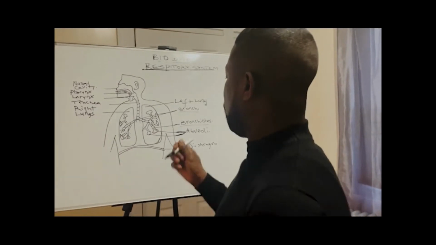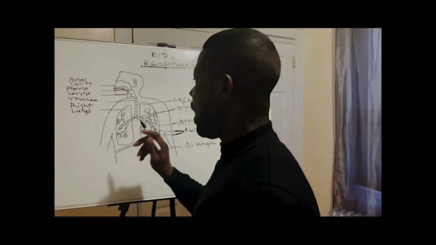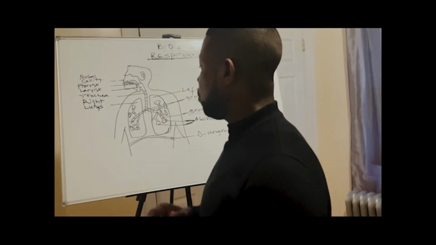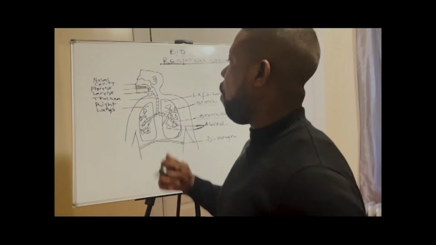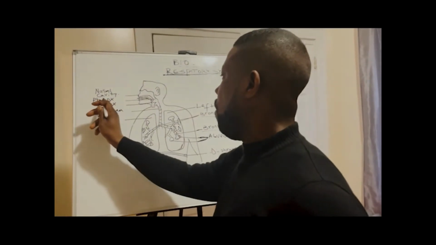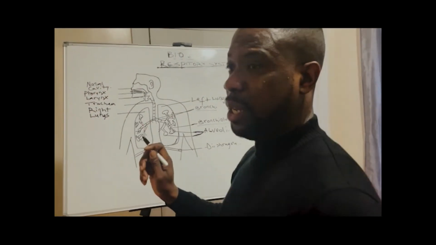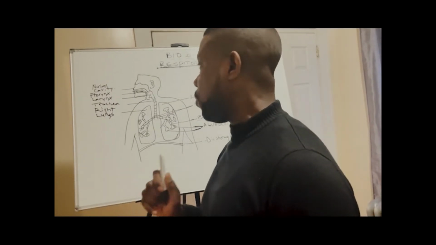Now, there's what we call the diaphragm, the intercostal muscles, and other accessory muscles. Now, these muscles have to contract, and when they contract, oxygen will now flow via the nasal cavity into the body.